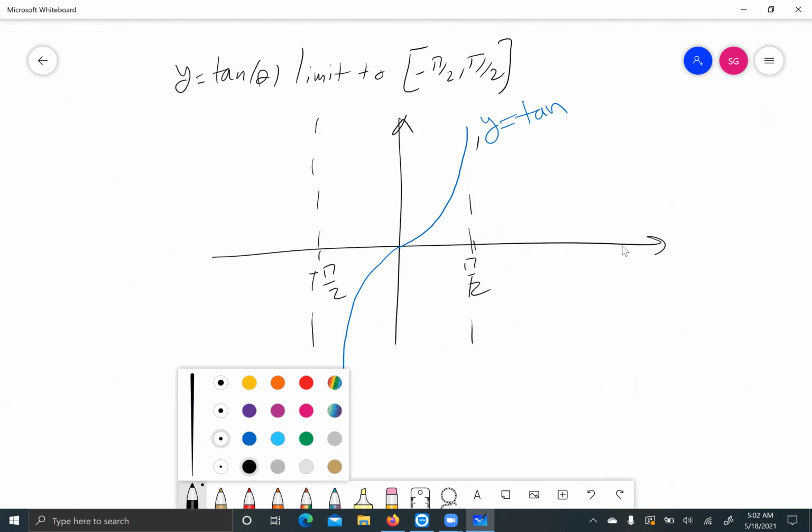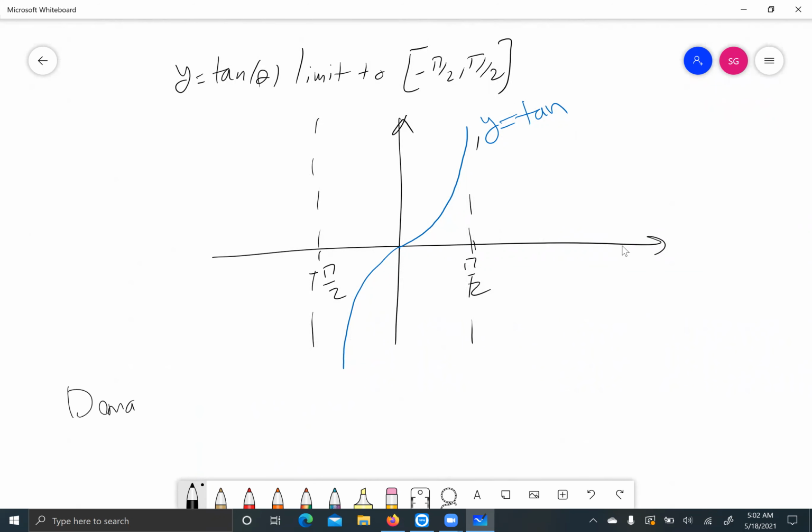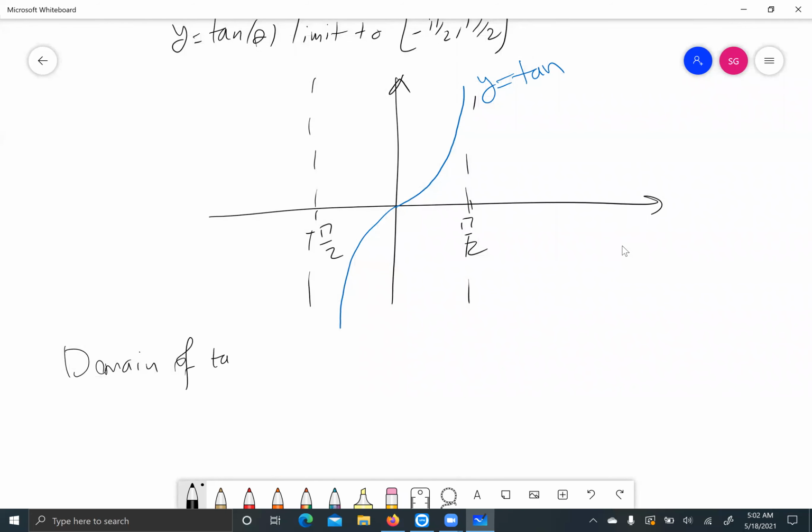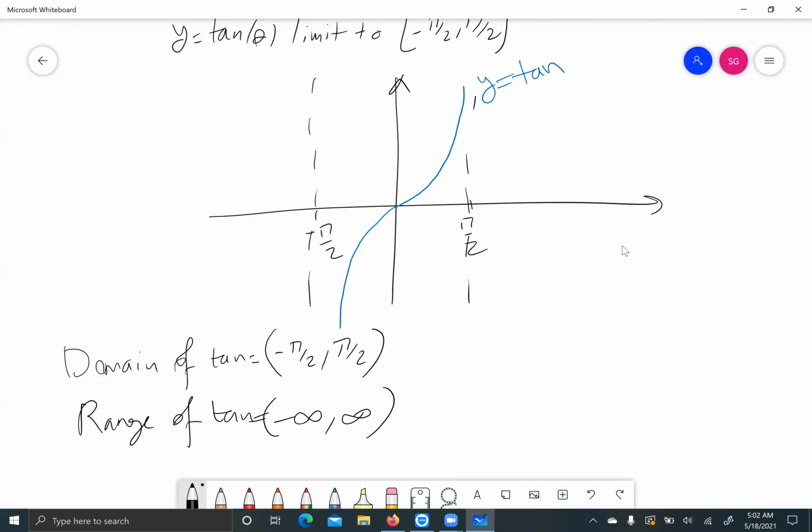Now, for the inverse, this is 1 to 1, so we can define the inverse. Let's first talk about domain and range. What is the domain of tangent? So here we defined it from negative pi over 2 to pi over 2. What is the range? Range is from negative infinity to positive infinity, everything.